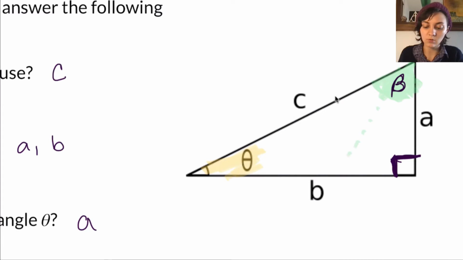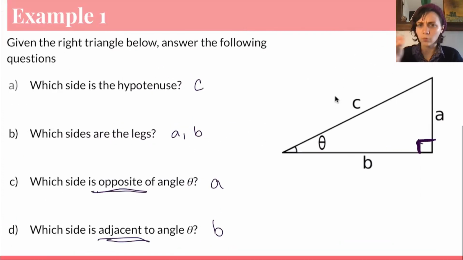Now I would say, oh, side B is opposite of angle beta, and side A is adjacent to angle beta. So the opposite and adjacent really depend on the angle that we're talking about. So you need to always make sure to determine, okay, what is the angle that I'm looking from?